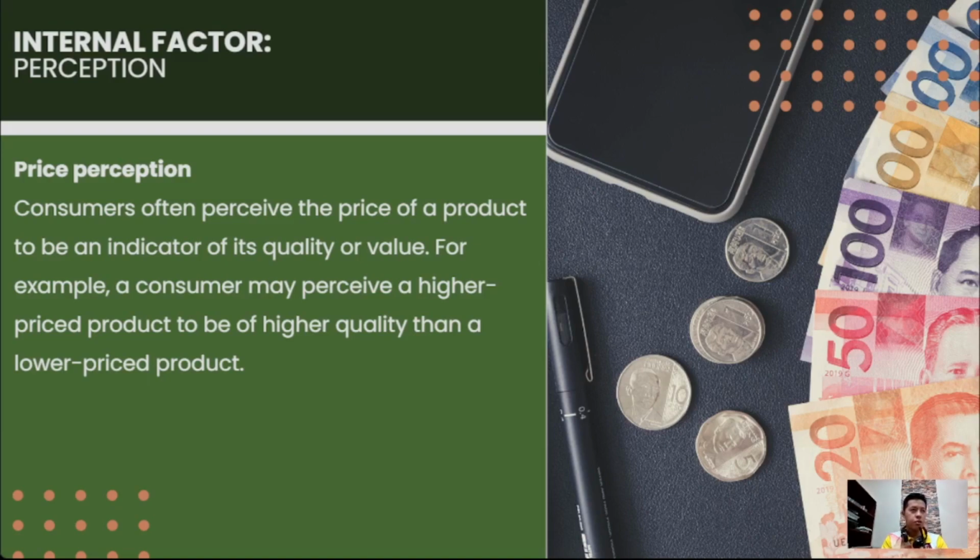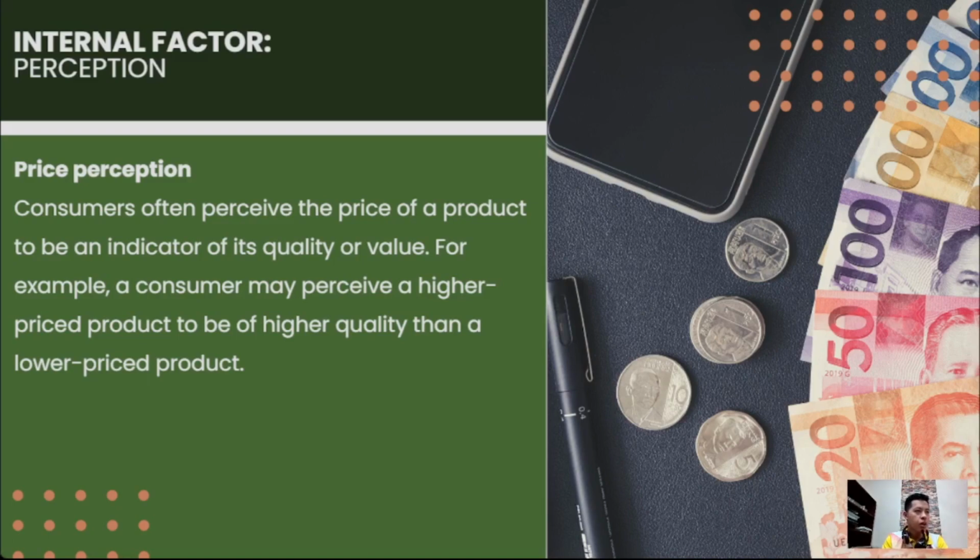This is particularly true because sometimes some products which are just the same as other products offered in the market are priced quite considerably high, and that is actually the reason why they have high sales, because customers perceive that the product is of high quality.